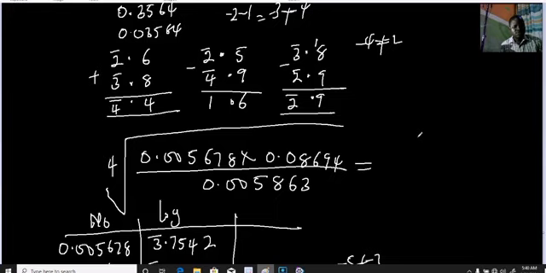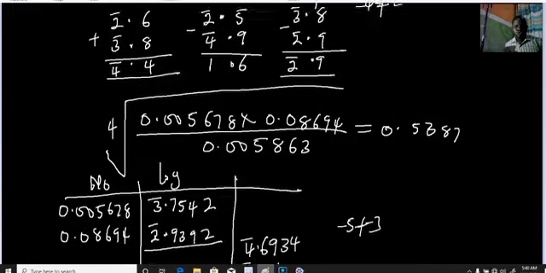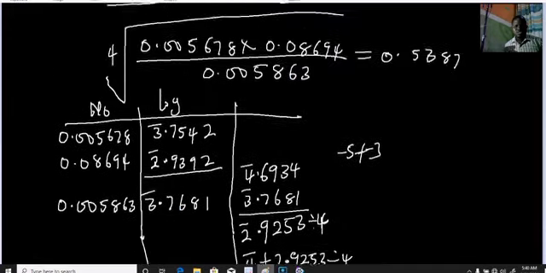Then you now look for the fourth root of your answer. So what you get here is 0.53867, approximately 7. So you compare your answer, so you can see that it's the same thing.